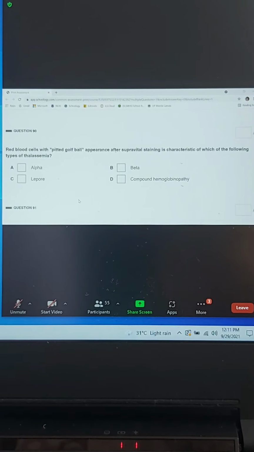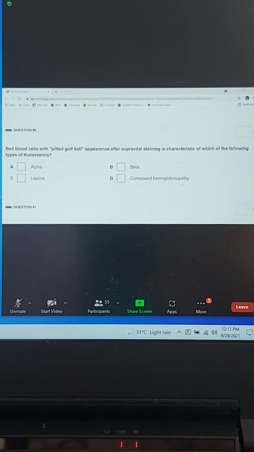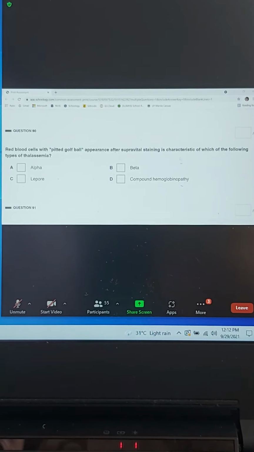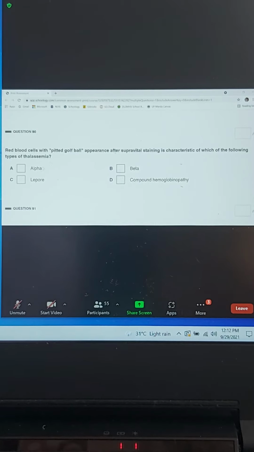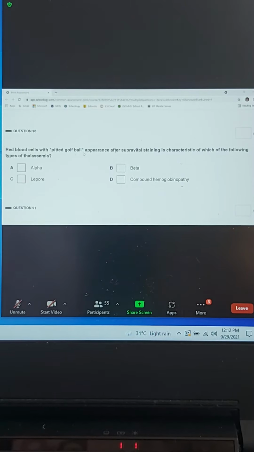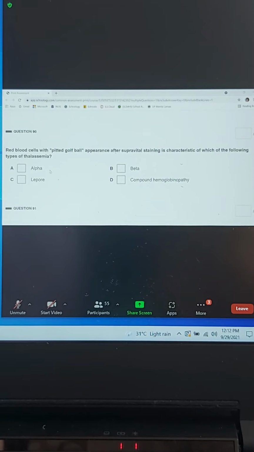Right, so 90. Red blood cells with pitted golf ball appearance. What type of thalassemia? Alpha. Okay, so that's our alpha thalassemia. Particularly, which hemoglobin is seen in red blood cells with pitted golf ball appearance?